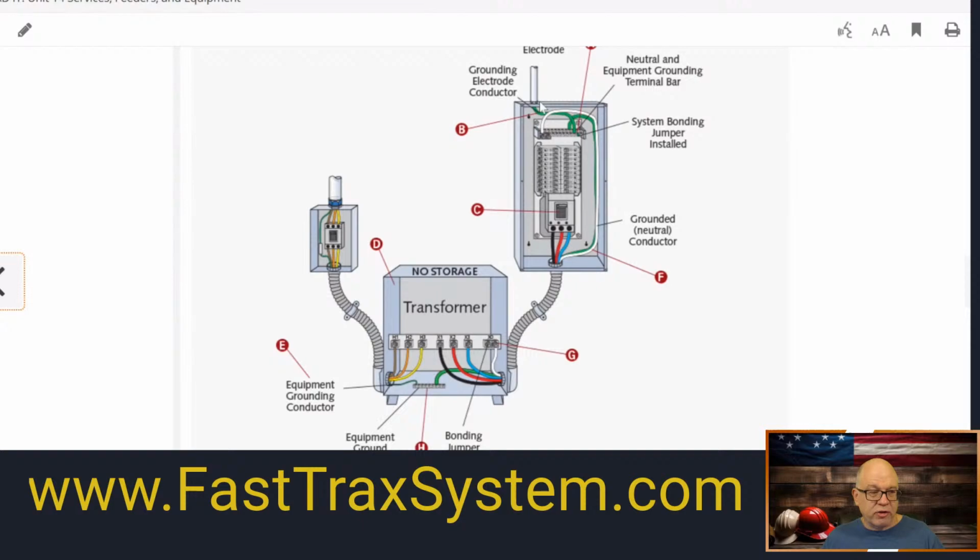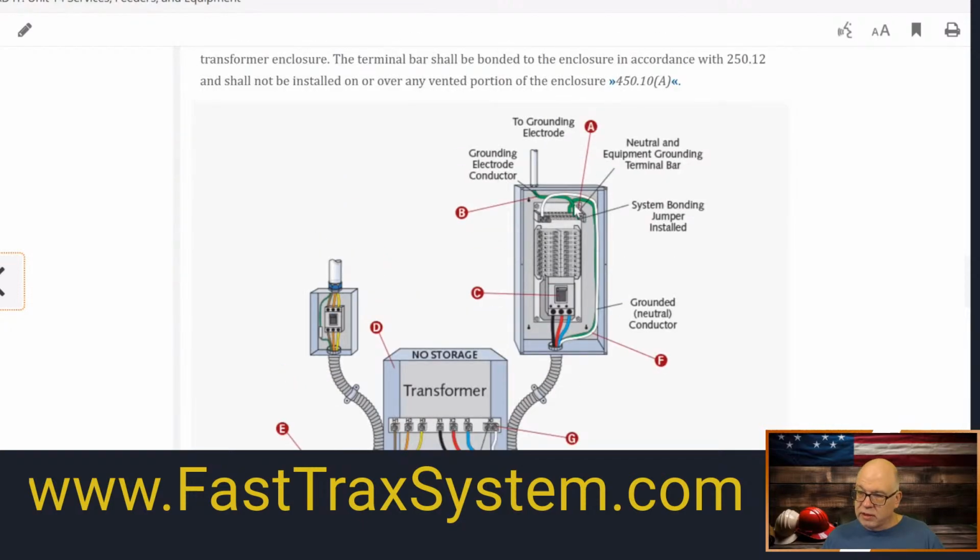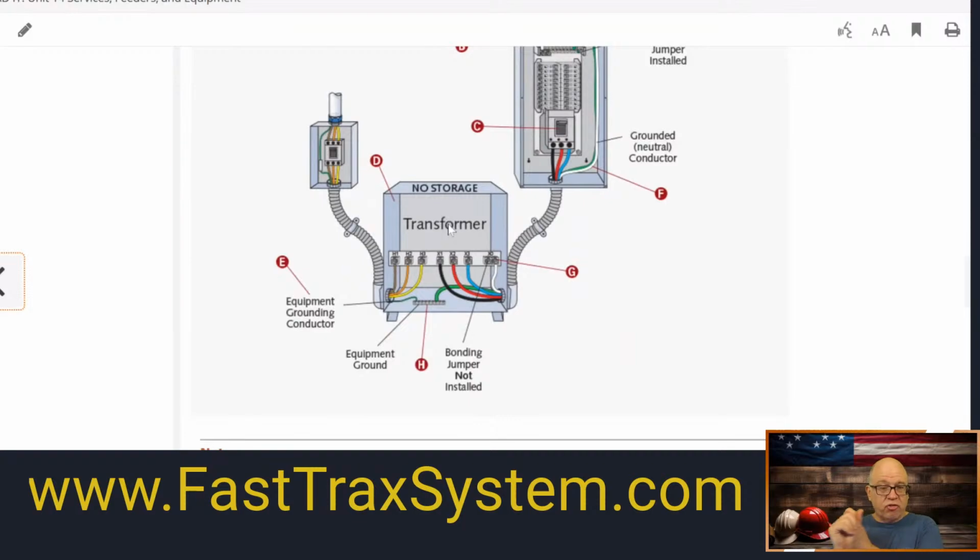That is where your grounding electrode conductor will leave, right here in the panel. So again, wherever you choose to have your system bonding jumper in your transformer setup, that's where you're going to take your grounding electrode conductor out of. Okay.